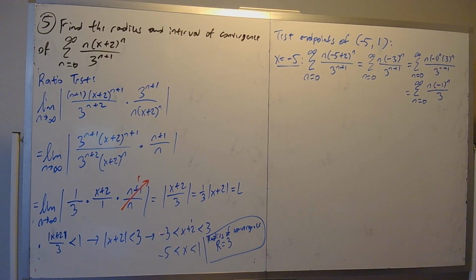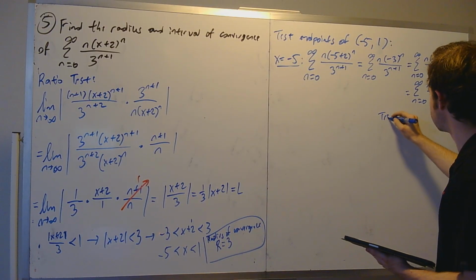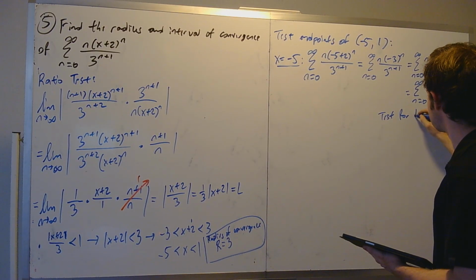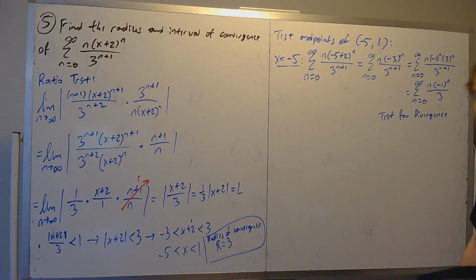And notice what's happening here: you can go ahead and try using the test for divergence. Which, remember, was just a fancy name for saying take the limit as this thing goes towards infinity, and the limit as this goes to infinity doesn't exist because it's alternating.